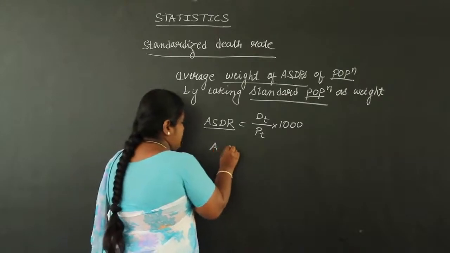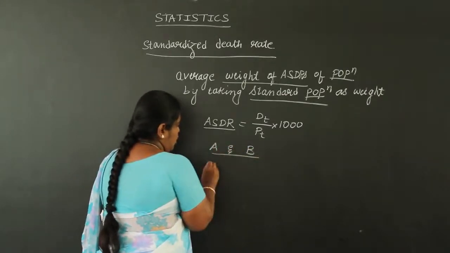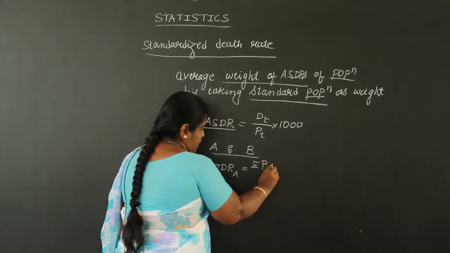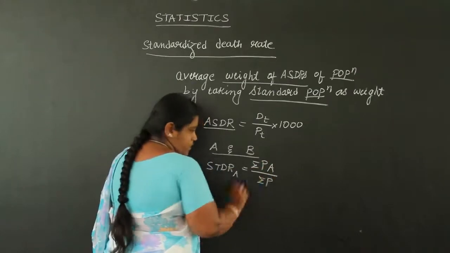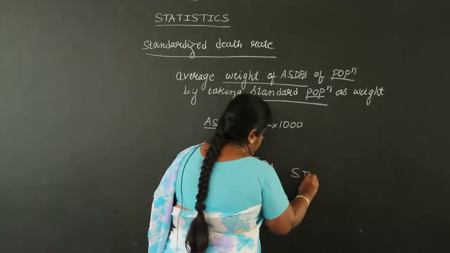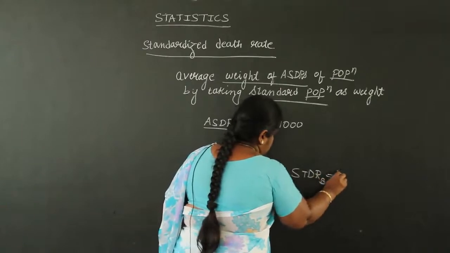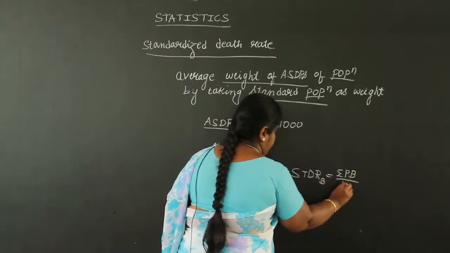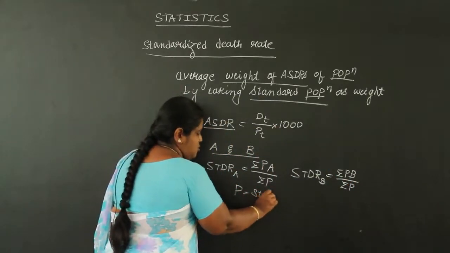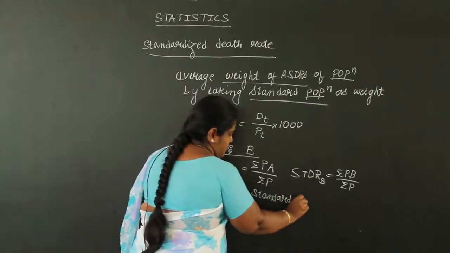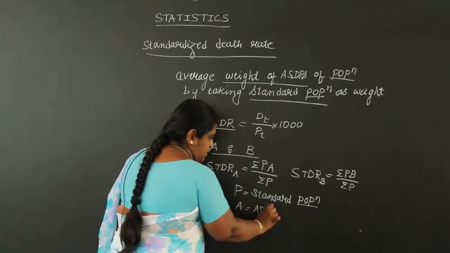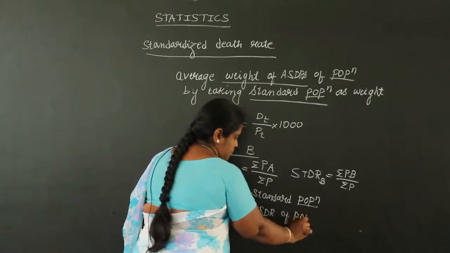So if we have two populations A and B, the formula of standardized death rate can be written as sigma PA divided by sigma P. This is regarding population A. Then the standardized death rate for population B is sigma PB divided by sigma P, where P stands for the standard population.